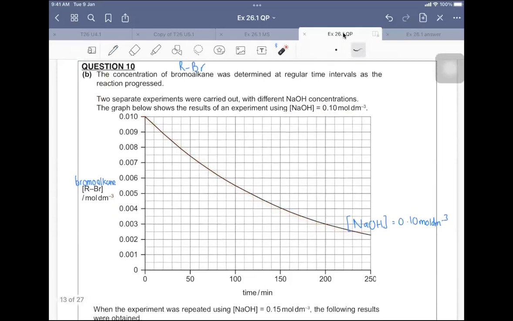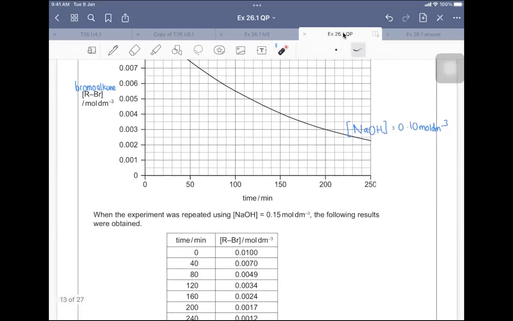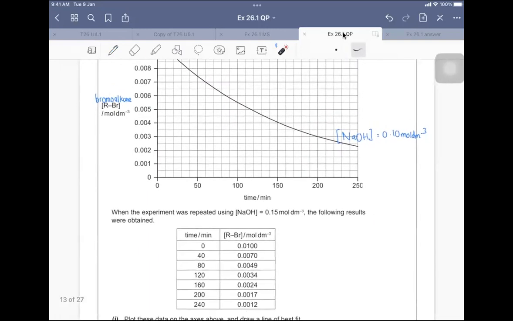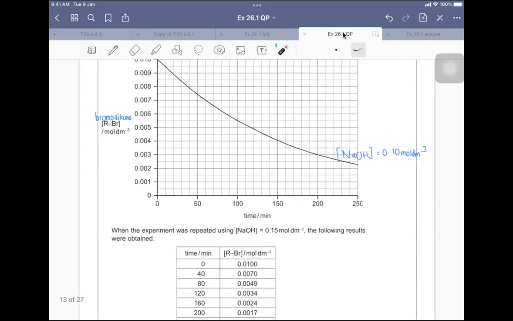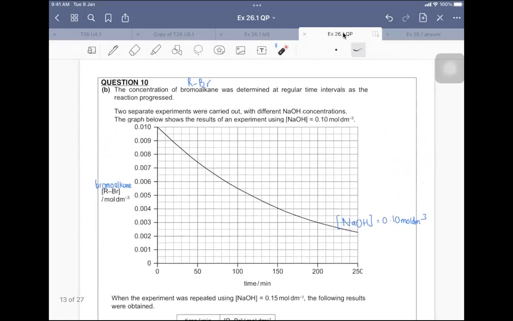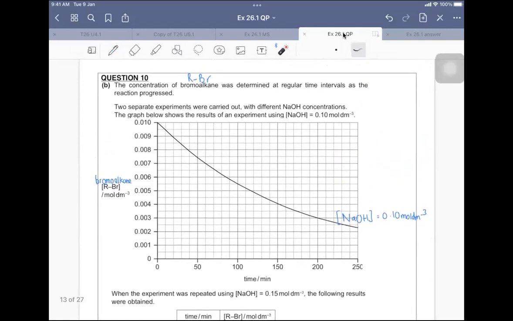Then you are expected to plot another graph where sodium hydroxide is now at 0.15 mole per dm cube. Actually, it is the concentration of sodium hydroxide that is changing. Bromoalkane looks like it is the reactant.